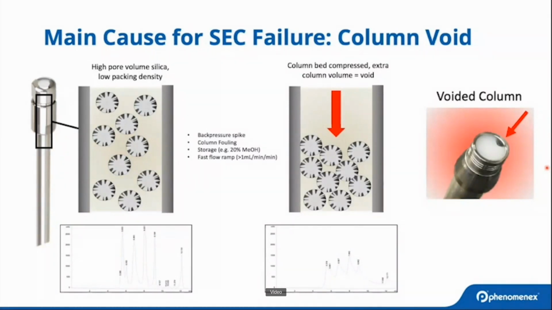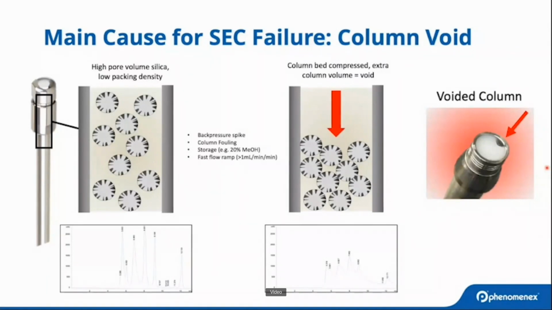You can also see problems when a column is stored in methanol and the flow rate isn't adjusted to accommodate for the viscosity of methanol. When you add methanol to your mobile phase, you'll see an increase in viscosity, and without offsetting the flow rate to bring the back pressure down, you're going to run the risk of premature column failure.